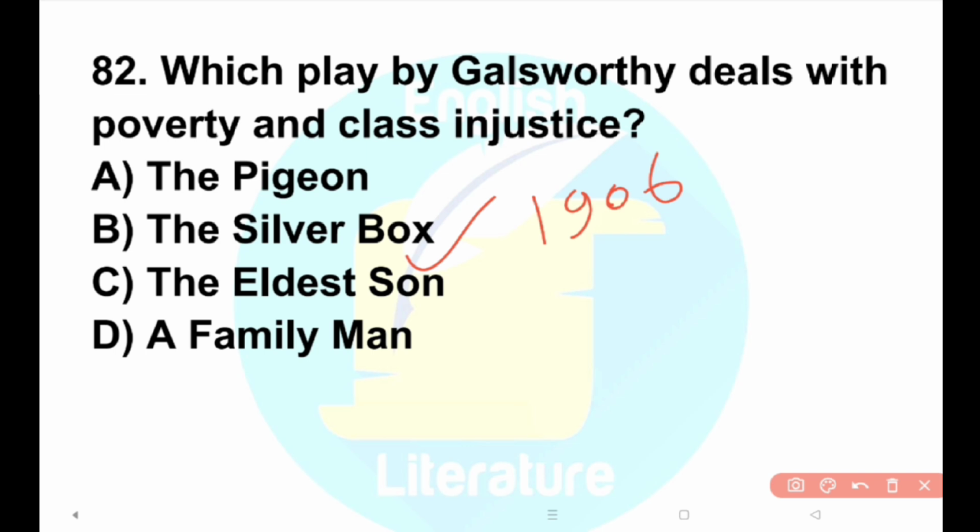The Pigeon, in 1912, focuses on compassion and moral dilemmas, not primarily poverty and class injustice. The Eldest Son, 1912, deals with family dynamics and social expectation, not poverty explicitly. Option D, The Family Man, 1921, explores personal ambition and family, not class injustice, as a central theme. So option B is the correct answer.